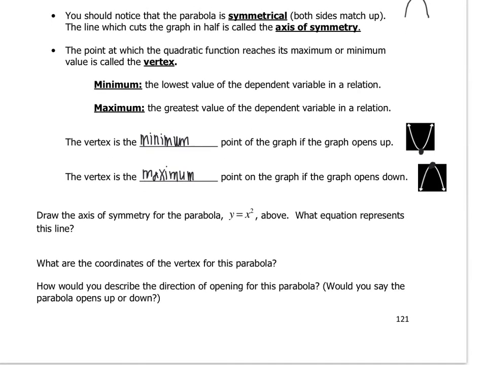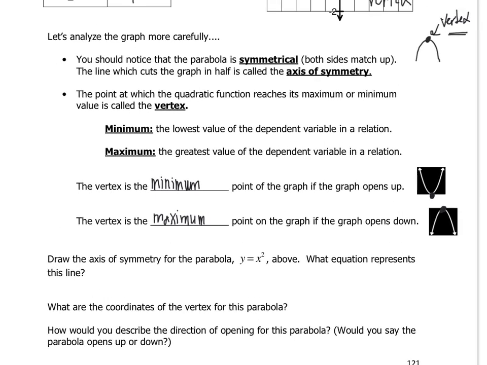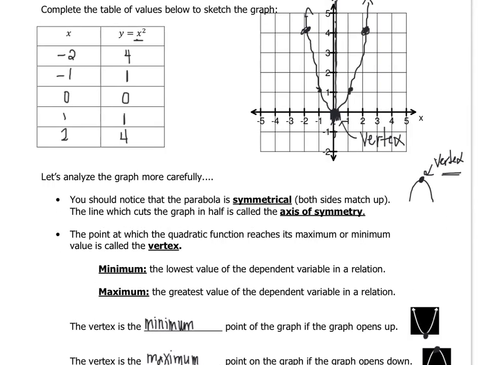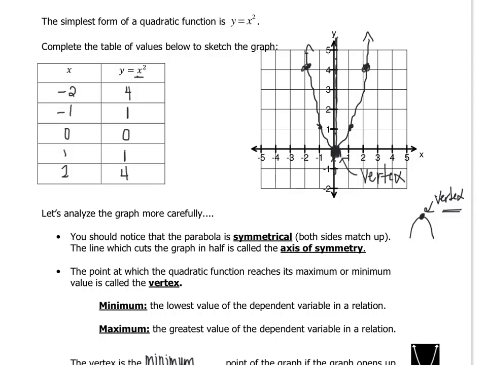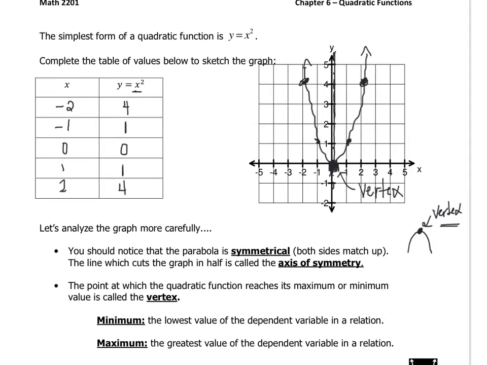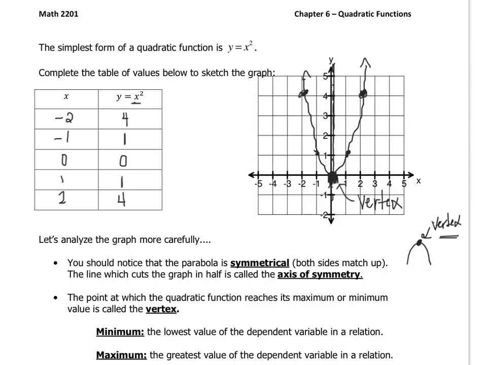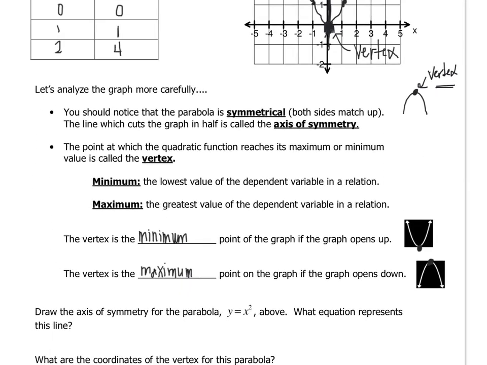And we already drew the axis of symmetry for the parabola above. If you look back to see what the equation would be, it would be a vertical line that goes right through x equals 0. Every single point on this line, the axis of symmetry, goes right down through the vertex, and this would have an equation x equals 0. Every single point on that line has an x value of 0.